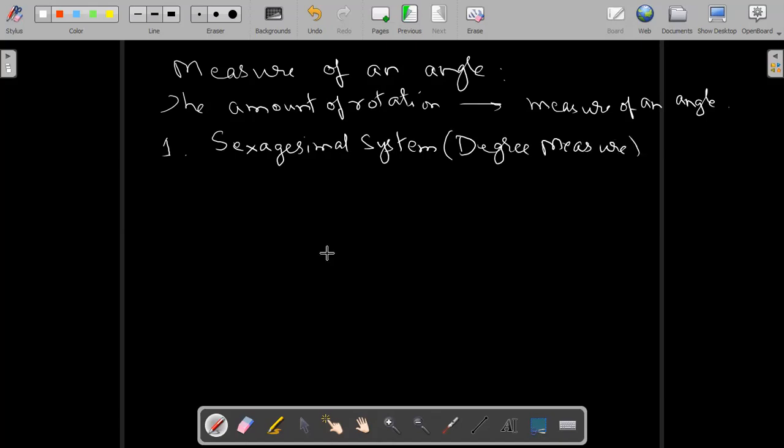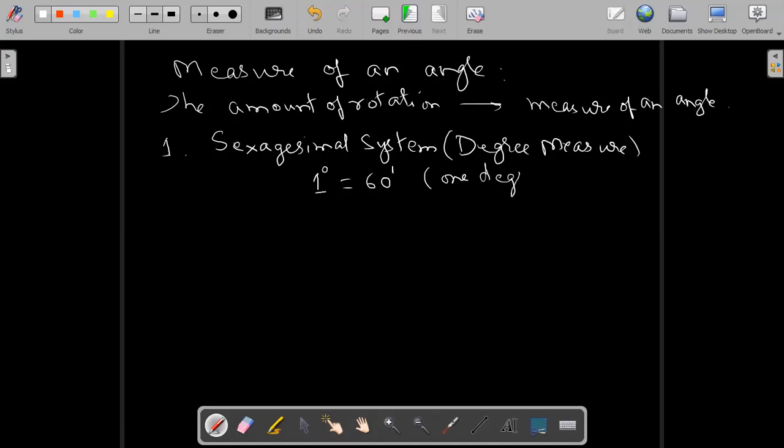Here 1 degree is equal to 60 minutes. This dash means minute, and we will read it as 1 minute.